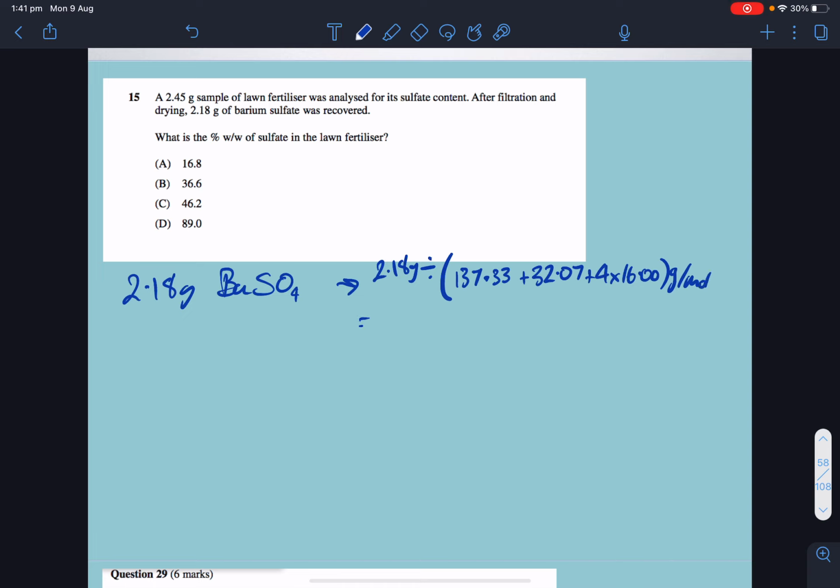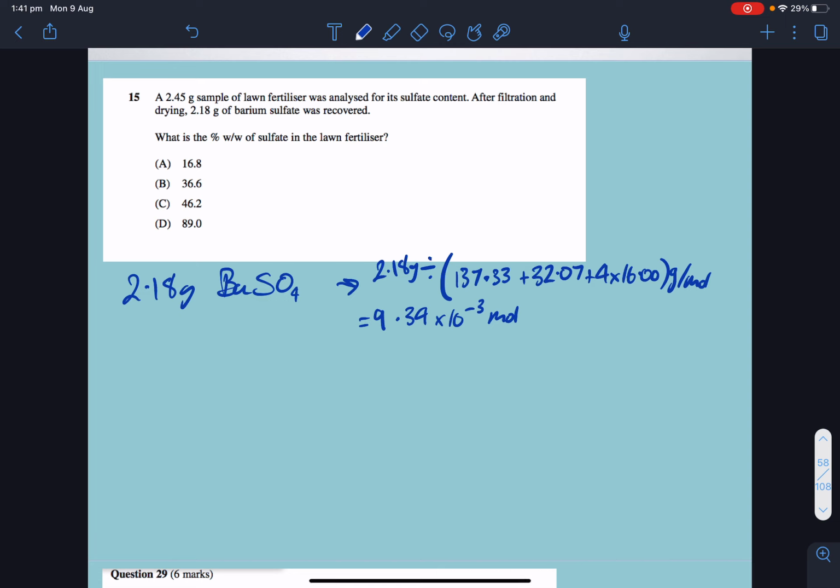Okay, so we're going to get moles as our unit left over, because the grams are going to cancel. Alright, let me calculate. 2.18 divided by bracket 137.33 plus my sulfur, which is 32.07, plus my 4 oxygens, which is 16, and bracket, and I get 9.34 times 10 to the negative 3 moles.